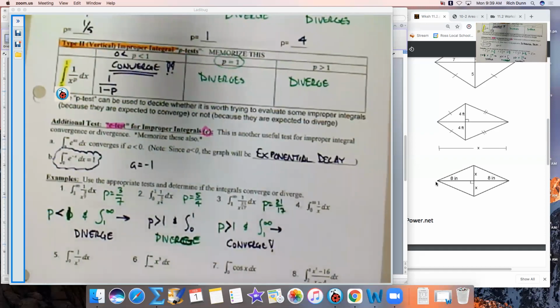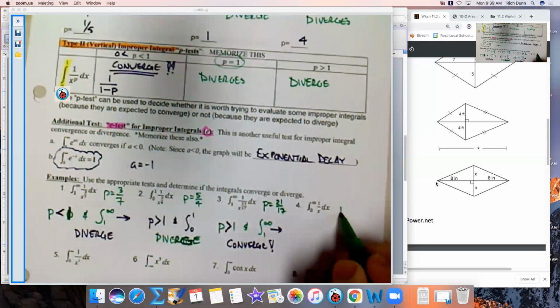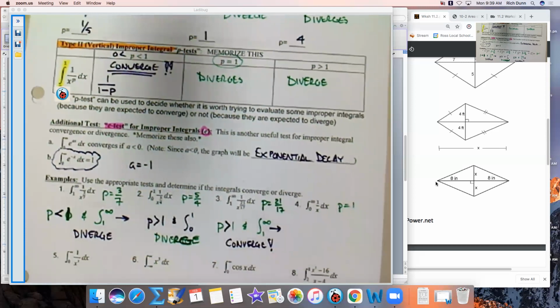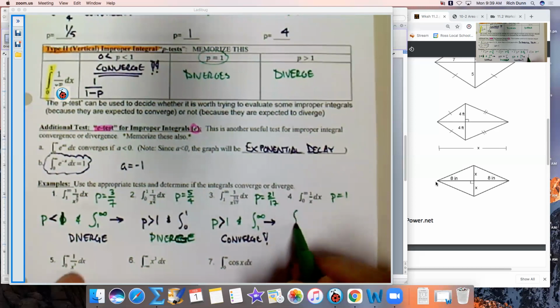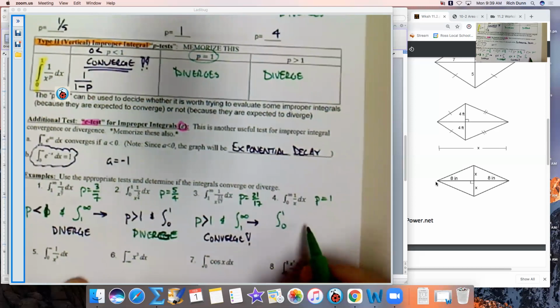Next case, you'll see that p equals 1. We're integrating this from 0 to infinity. So our p-test doesn't handle that, but our p-test does handle from 0 to 1.